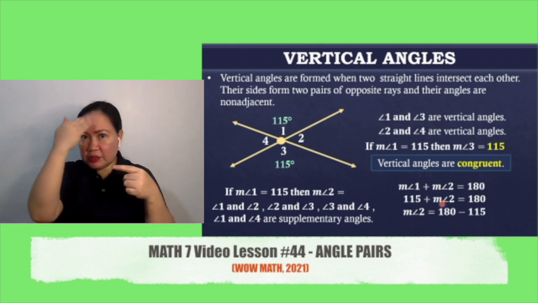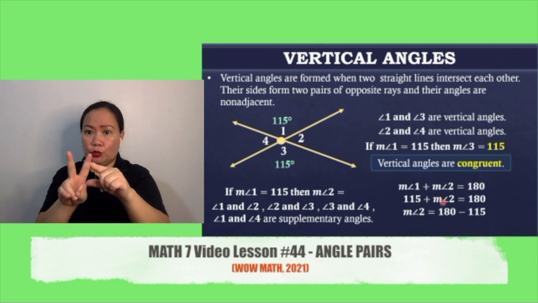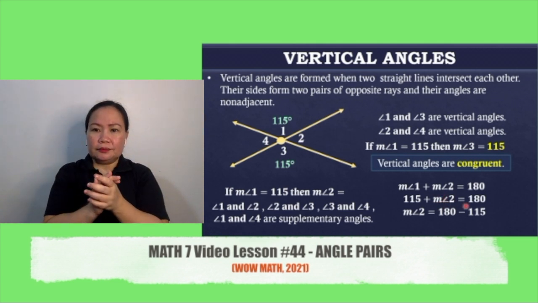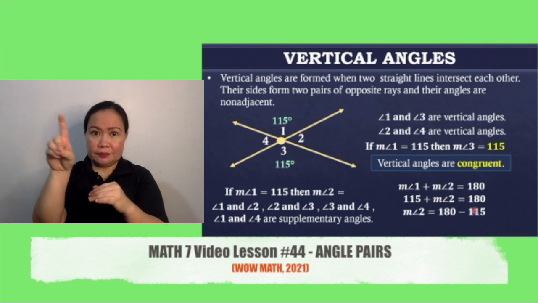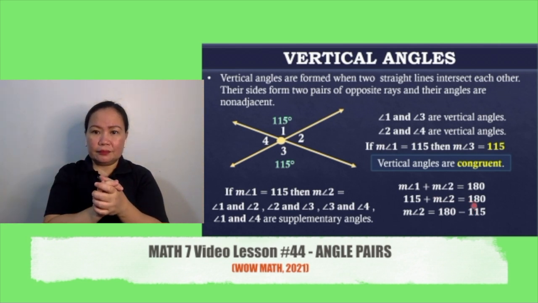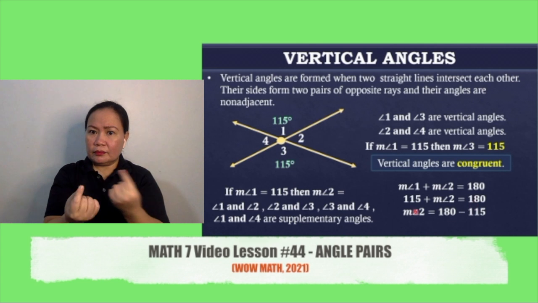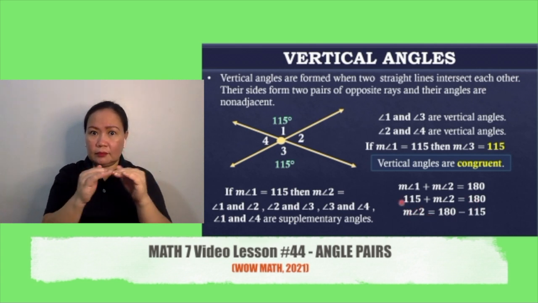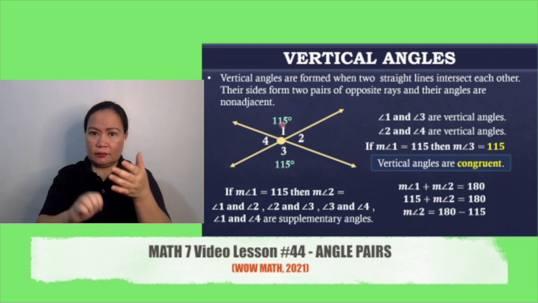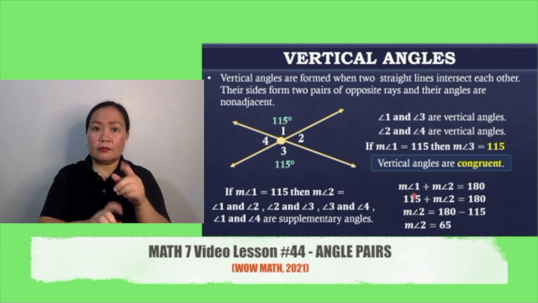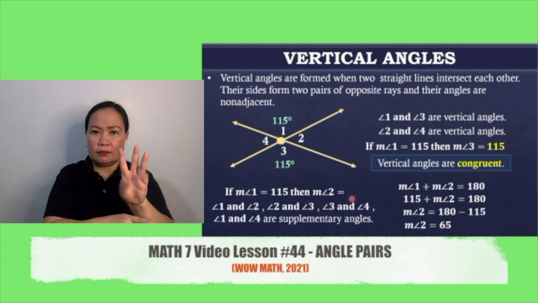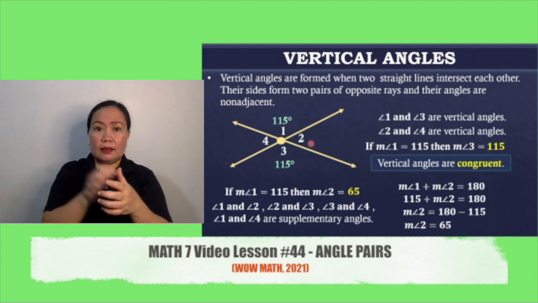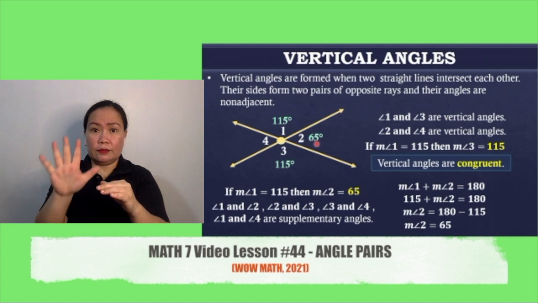So, the measure of angle 2 is equal to, yun yung hahanapin natin. So, that is 180. Okay? So, ang gagawin po natin, the measure of angle 2 is equal to 180 minus 115. Ima-minus po natin. So, that is equal to 65. So, therefore, this is 65. And the measure of this angle is 65 degrees.